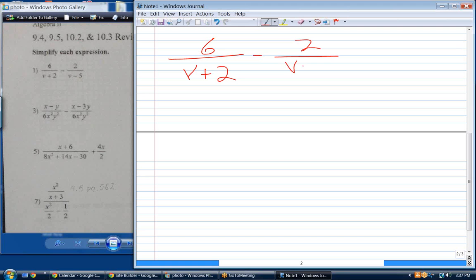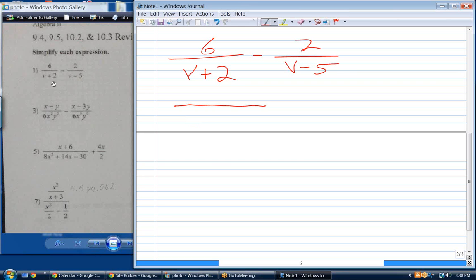How do I subtract these two fractions? You have to first find a common denominator. Okay, what's that going to be? I don't really know. I'm confused.